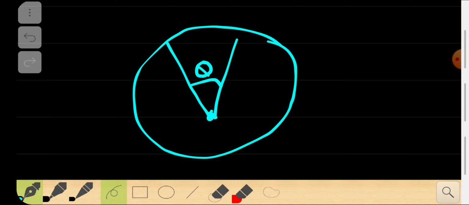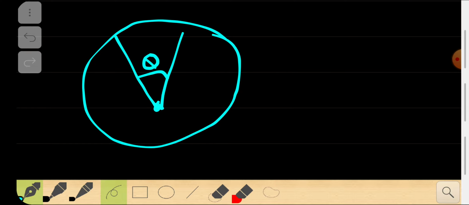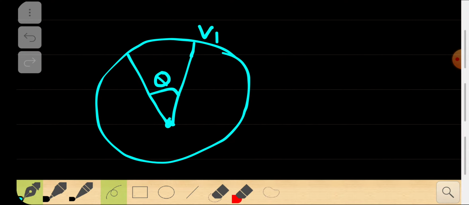It's a perfect circle, even though it doesn't look like one here. There are velocities v1 and v2 at different points, v2 is greater than v1, and it is moving in this direction. That means there is an acceleration.